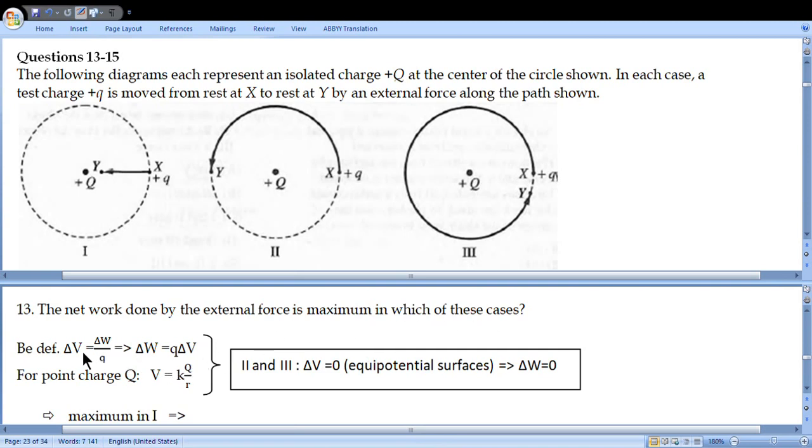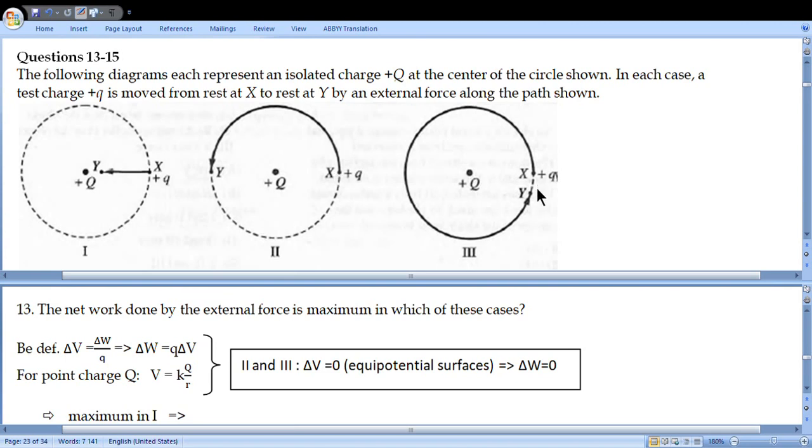By definition, change of potential equals work done per charge. So work done equals charge times change of potential. For a point charge, potential is inversely proportional to distance. So in 2 and 3, because we have a circle, X and Y are at the same distance, so the potentials at Y and X are the same, so the change of potential is 0, and work done will also be 0.